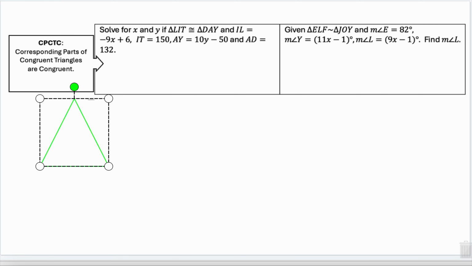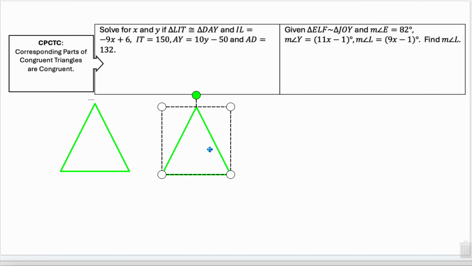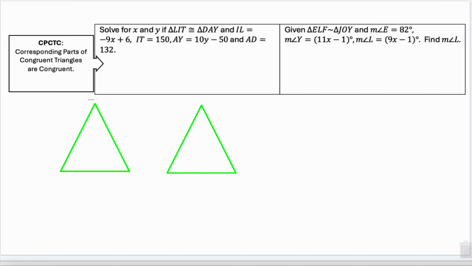I'm also going to increase the spacing here. Oh, let me copy that. For LIT, I like to start in the bottom left and then go around. Same with DAY.